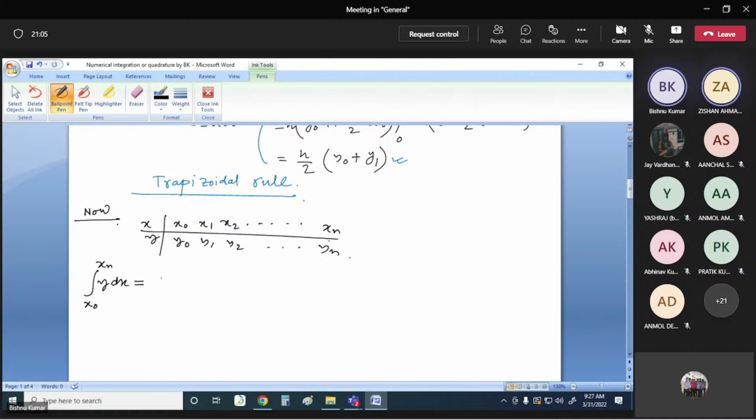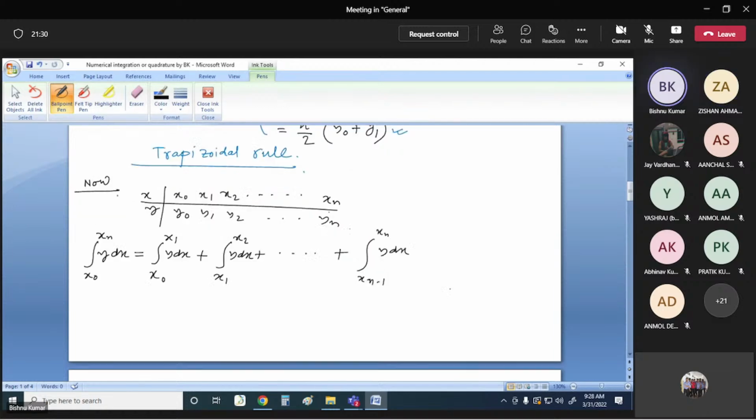Yes, sir. Separately, you just separate all sub intervals: x0 to x1 y dx, x1 to x2 y dx. In that way, xn minus 1 to xn y dx. Is it okay? This integration value?